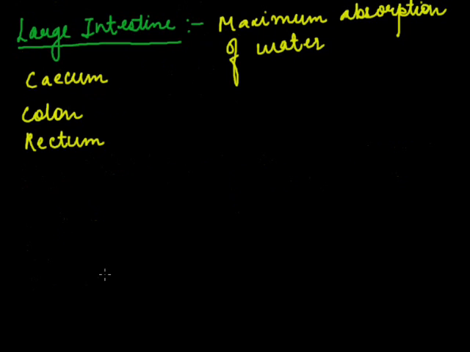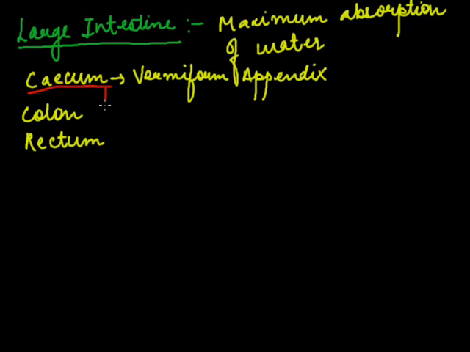And the cecum comprises the vermiform appendix, which is considered to be vestigial in human beings. Also remember, students, there is a star point here. This cecum is also called the blind spot.